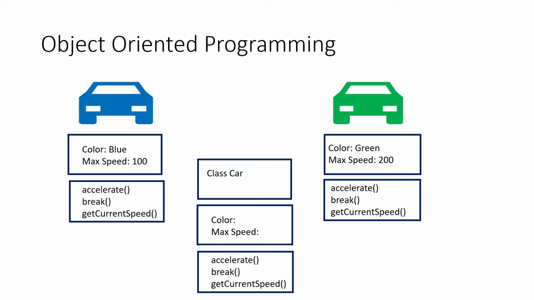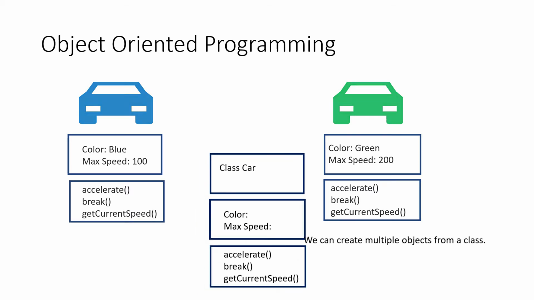Our class has the same set of attributes and methods as the objects. So in class car, the attributes will be color and max speed, and methods will be accelerate, brake, and get current speed. As we can see, we have two objects for the same class. So, we can create multiple objects from the class.